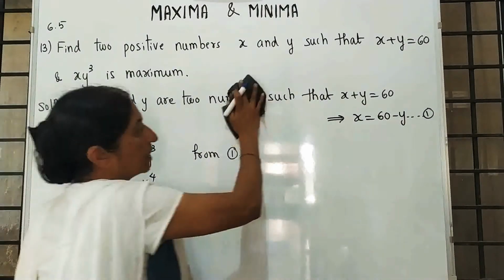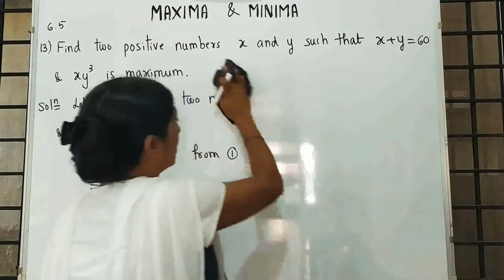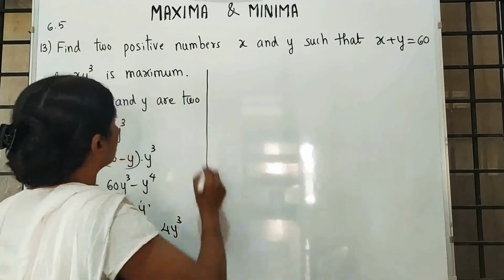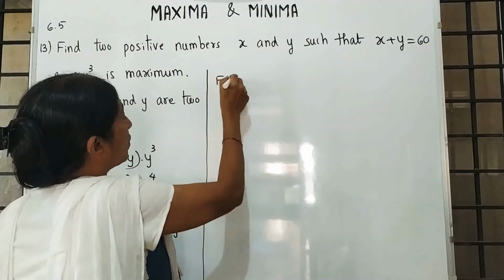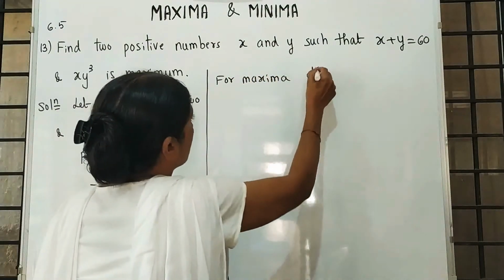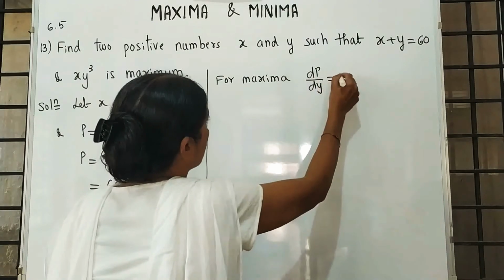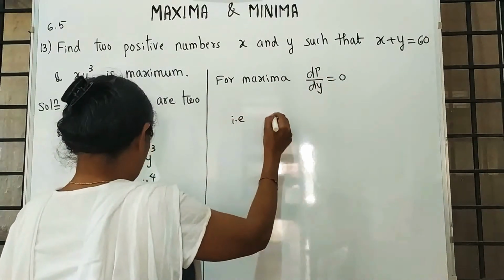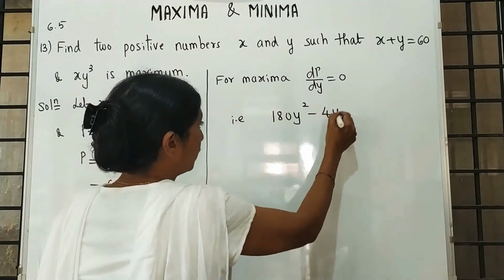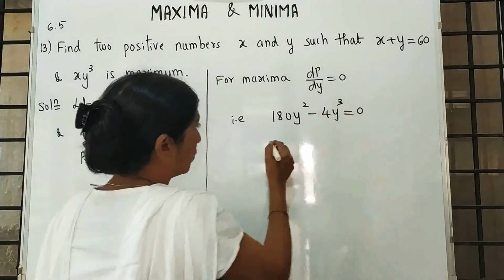As you know, for maxima or minima, the first derivative should be equated with 0. For maxima, dP upon dy is equal to 0. That is, 180 y square minus 4 y cube is equal to 0.